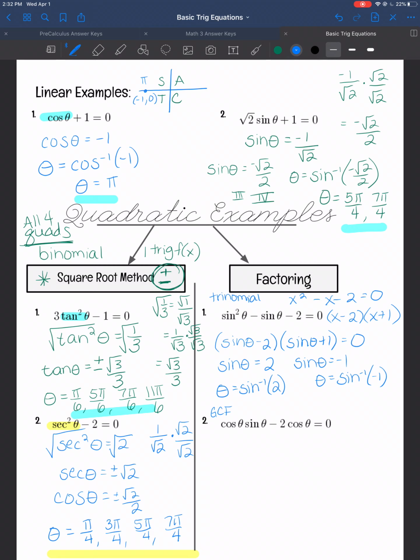If I try to do a reference triangle, I'm going to use this space up here because that's not on the unit circle, so maybe you have to use a triangle. Well, then you're going to do opposite is 2, hypotenuse is 1. That doesn't make any sense, so that's no solution. Any value for inverse sine greater than 1 is going to give you no solution.